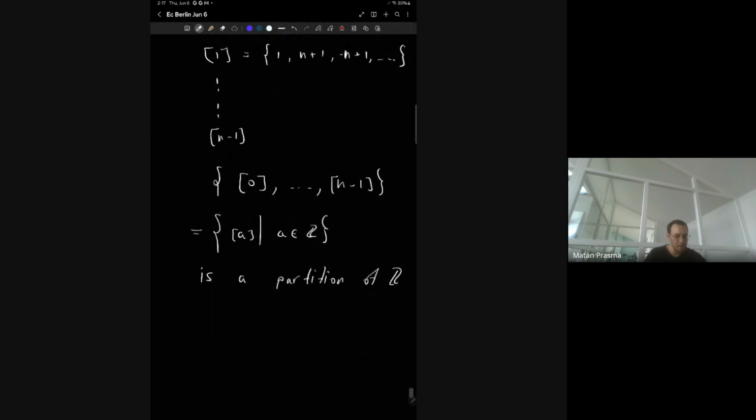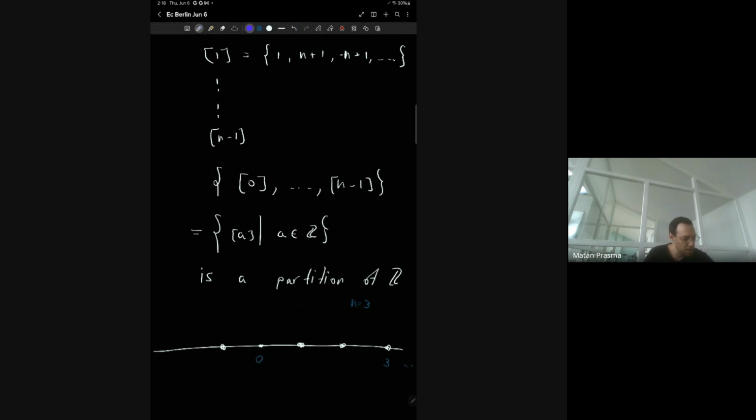I take Z, which is all the dots on the line of numbers. Here I will have 0, and let's say n is equal to 3. In the same equivalence class of 0, I have 3 and some other guys.